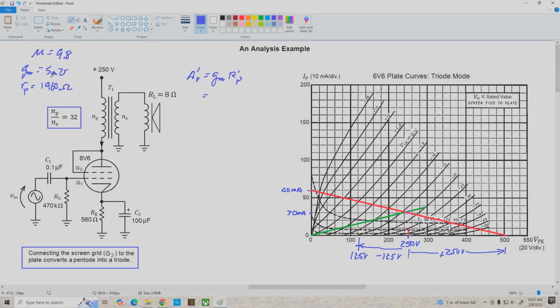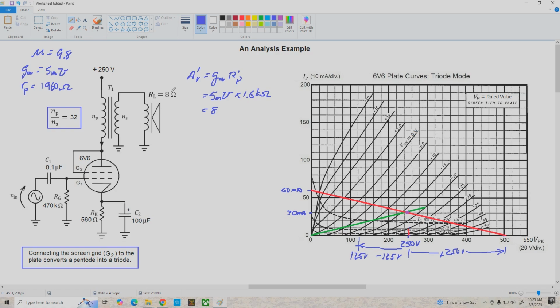Our transconductance is 5 millimhos, and little rp, if you recall, is equal to 1.6 k ohms. So that gives our tube a gain of 8. That is, the plate will change by a factor of 8 with respect to the grid voltage.